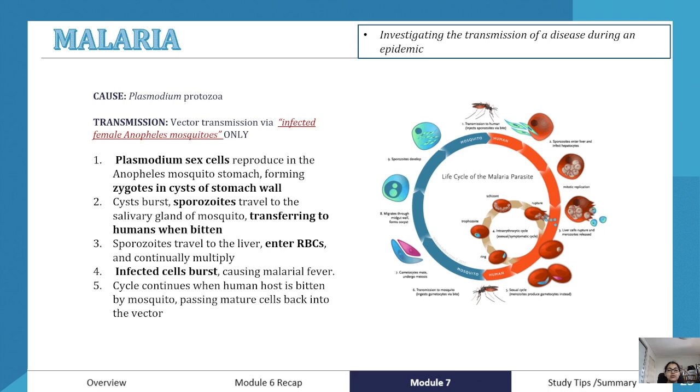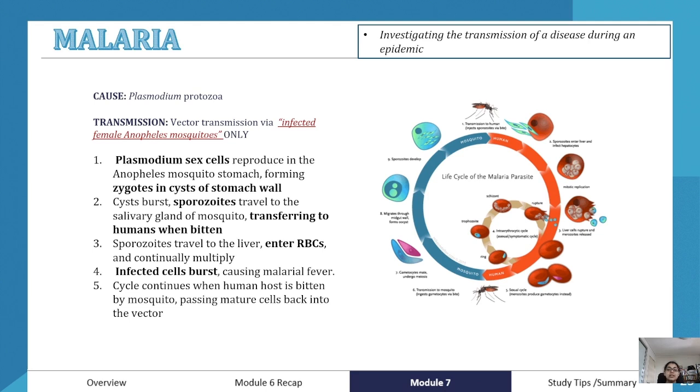Sporocytes then travel to the liver, sorry, not the lungs, the liver, and they enter the red blood cells and continually multiply. They can actually cause the red blood cells to rupture as well, because they're continually multiplying within the red blood cells. And infected cells burst, which causes malarial fever.